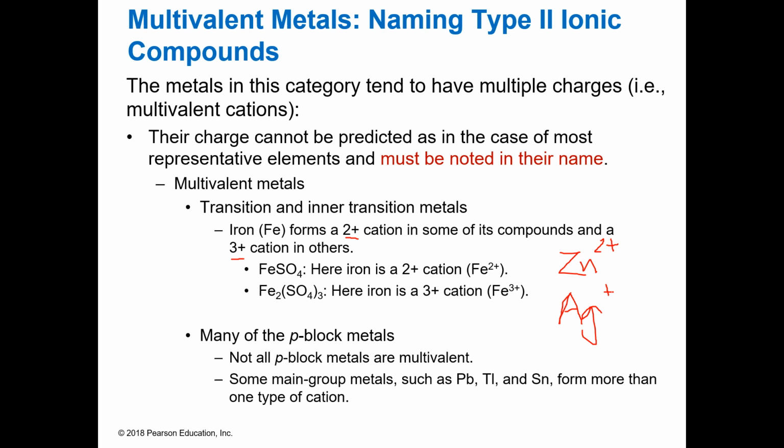Silver is always +1. Those two are never going to change. And what I mean by the ones that fall under the staircase to the right of the transition metal block, we're looking at ones like lead, tin.